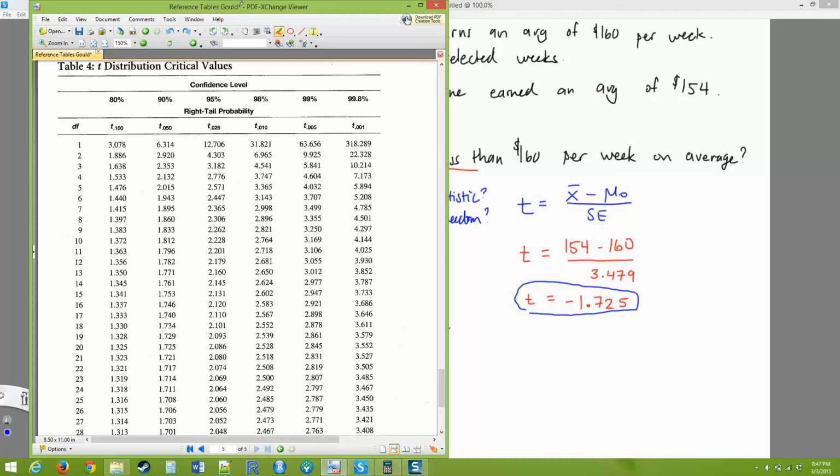So what do I have? It's going to be between 1.833 and 2.2. Yeah, so it's going to be in between here and here. So I got 1.725 in 9 degrees of freedom. And so that means my tail area is between 5% and 10%. Can everyone see that? Yes. Okay.